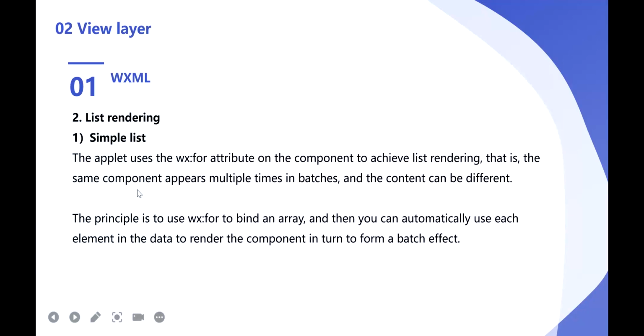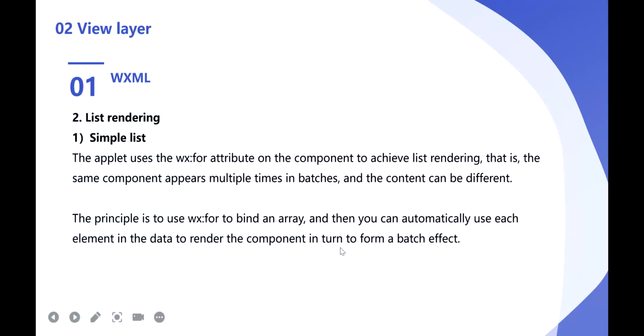That is, the same component appears multiple times in batches, and the content can be different. The principle is to use wx:for to bind an array, and then we can automatically use each element in the data to render the components in turn to form a batch effect.